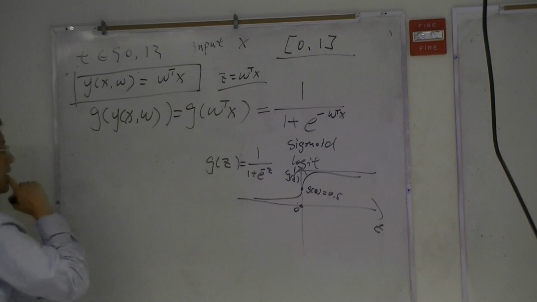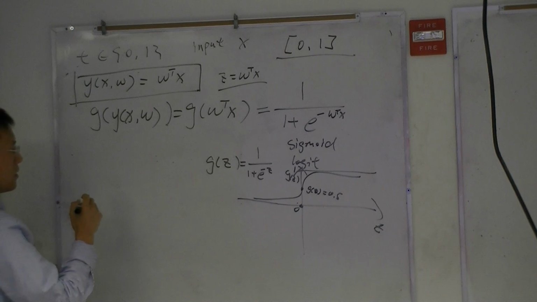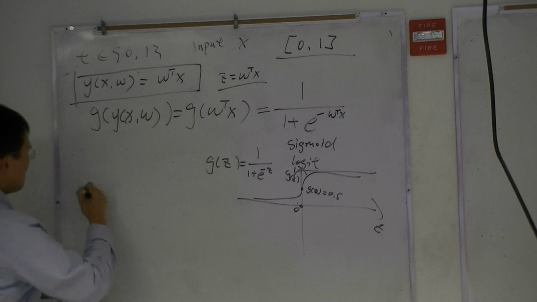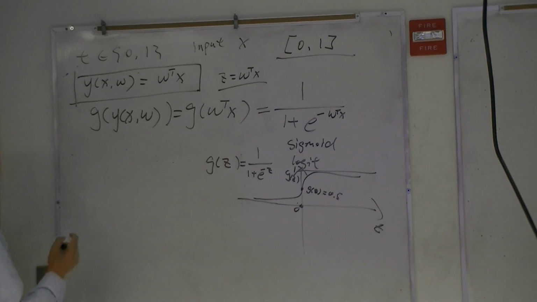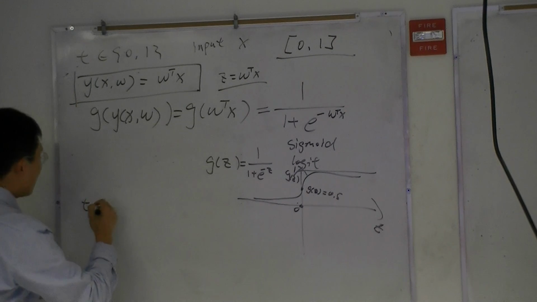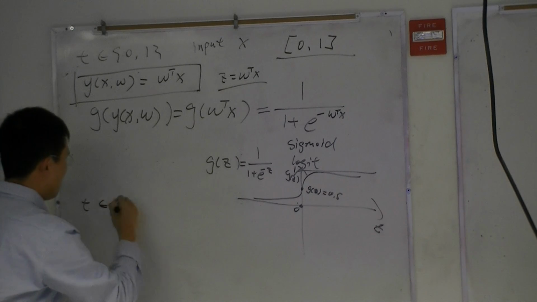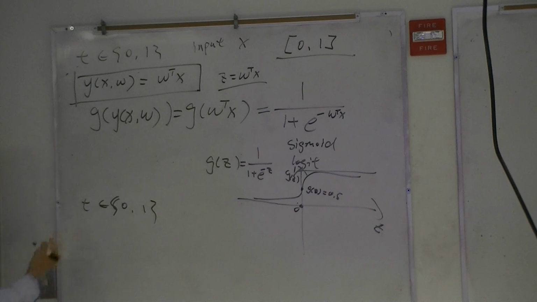The first way, let me see. For example, here we have a t, which can be 0 and 1, right?